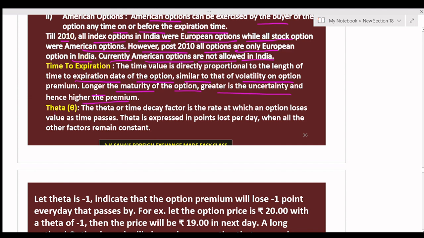Time to expiration is denoted by theta. The theta or time decay factor is the rate at which an option loses value as time passes. Theta is expressed in points lost per day when all the other factors remain constant.